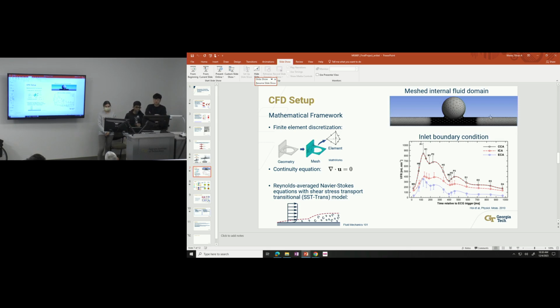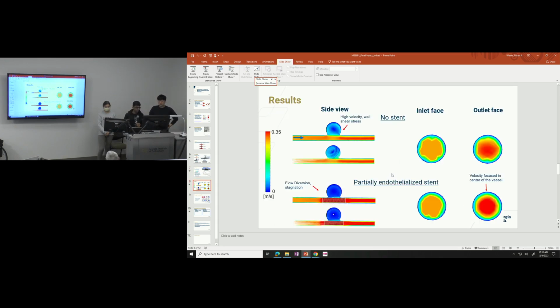You can just see the final fluid domain mesh we have here for one of the models. And for a boundary condition, we actually just decided to look at one mass flow rate, which we got from another paper.